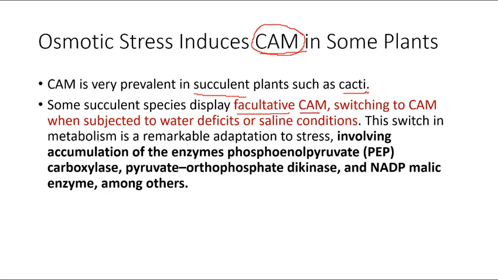It's not necessary that only the cactus family of plants shows CAM metabolism. Some succulent species are not compulsorily CAM, but they show facultative CAM metabolism. That means they can shift to CAM metabolism when there is water deficit or saline condition.